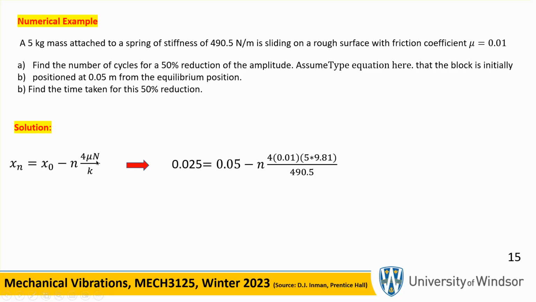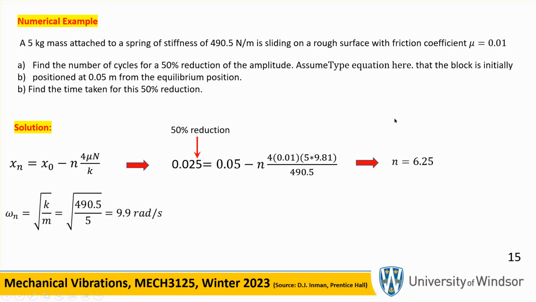And big N, the normal reaction force, is mg. M is 5, g is 9.81, divided by k that's given up here. Notice that this is a 50% reduction, from 5 centimeter to 2.5 centimeter. And solve for n, you get approximately six cycles. But if I use 6.25, that's okay. Just leave it the way it is.